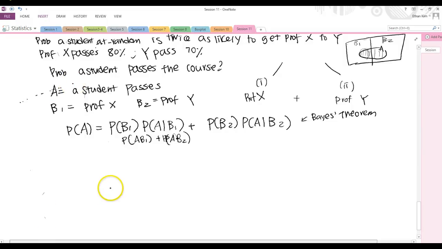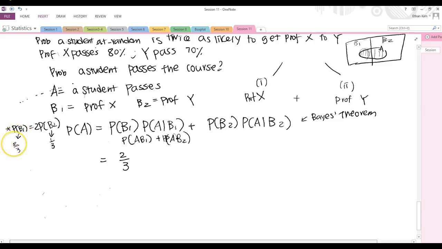We divide this into 3 equal parts, so P of B1 is going to be 2/3, and P of B2 is going to be 1/3. So that's taken care of.